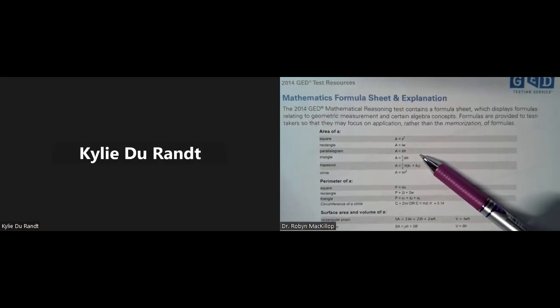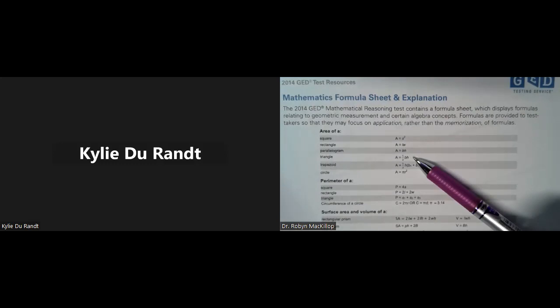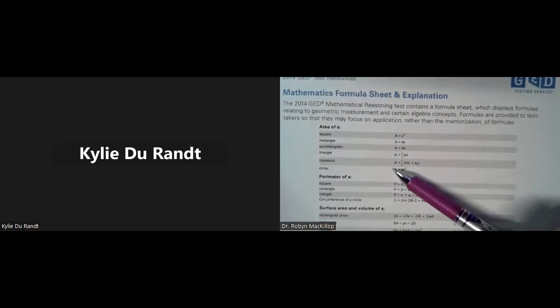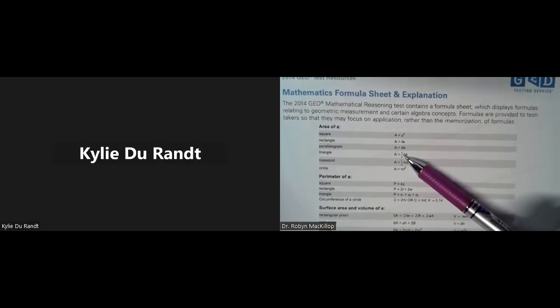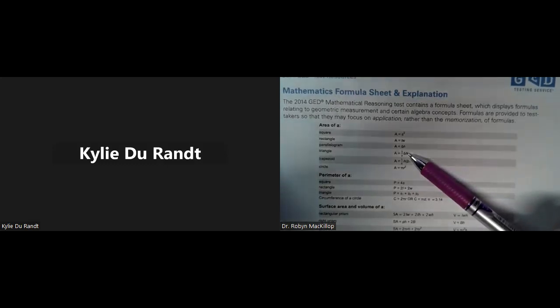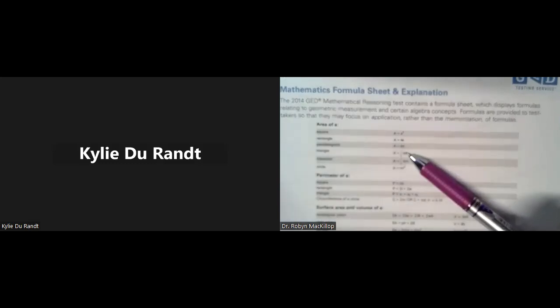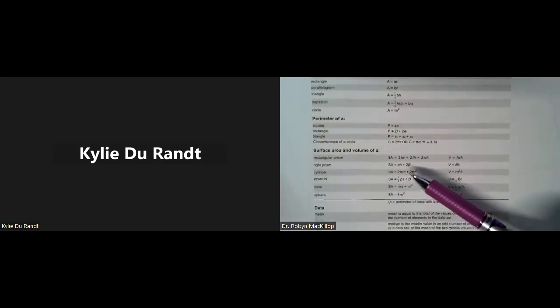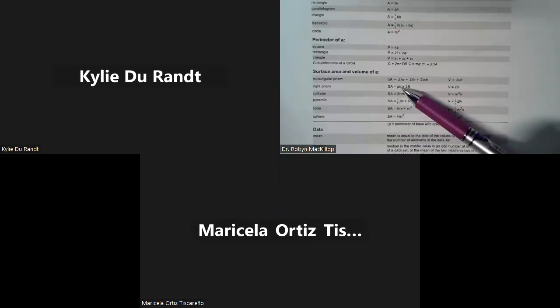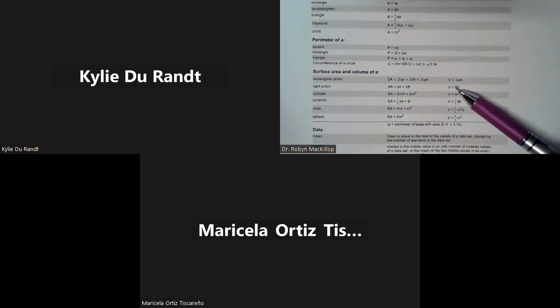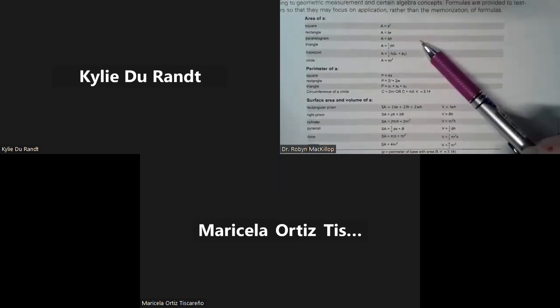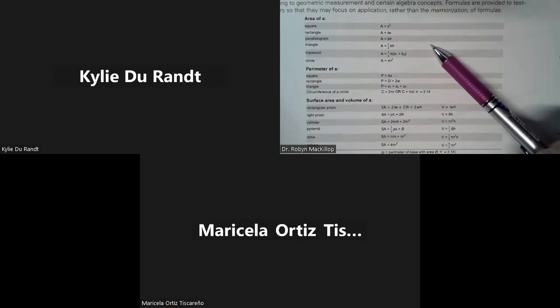If you are testing online, it will be available on screen, and it's always available on screen for any of the tests. So area, this is all the geometry formulas. You do not need to memorize these. They'll be available. Perimeter, we haven't done surface area yet, and we haven't done volume yet. So we're still kind of working in here, but with more complicated shapes.